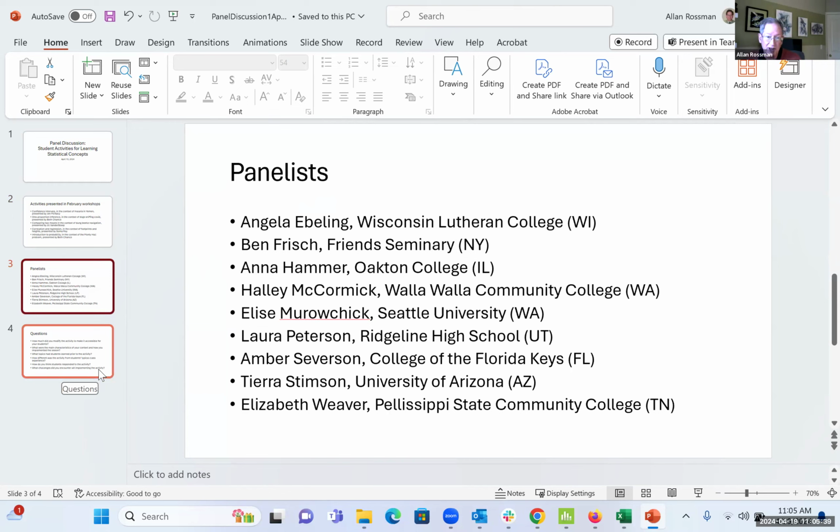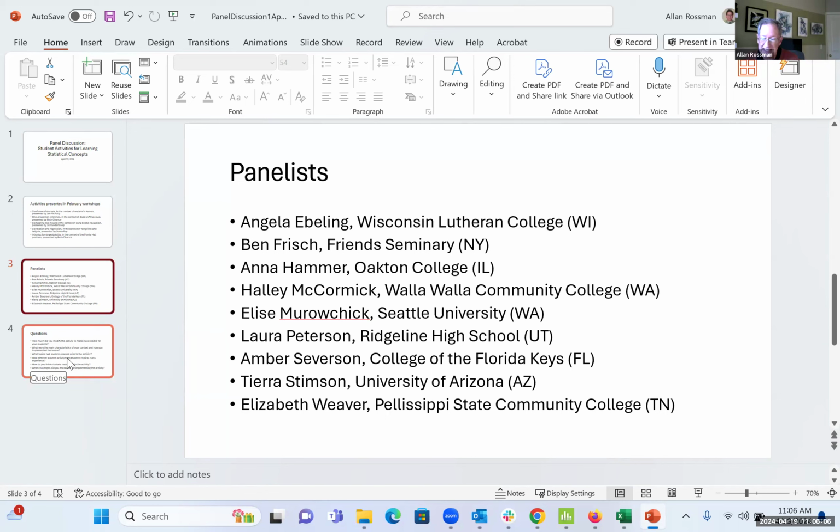Elise from Seattle University, also in Washington, of course. Laura is not here now. She may or may not be able to be here for the second half. She's teaching her own class right now. She's at Ridgeline High School in Utah. Amber is at College of the Florida Keys. Tiara is at the University of Arizona. And Elizabeth is at Pellissippi State Community College in Tennessee.